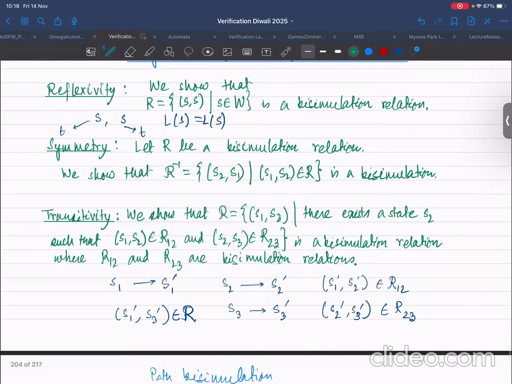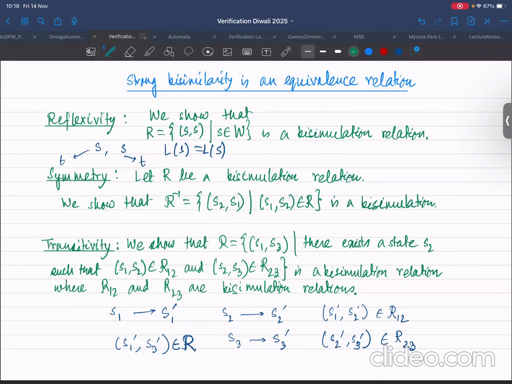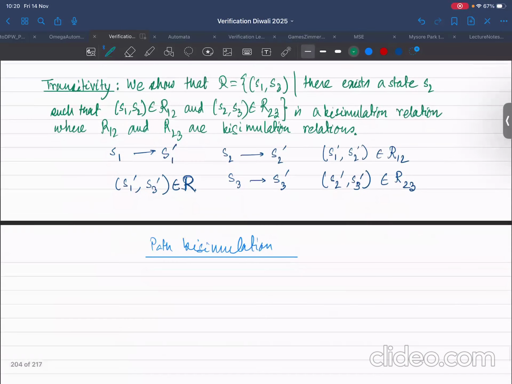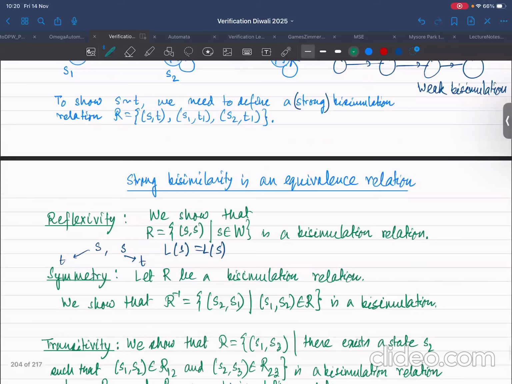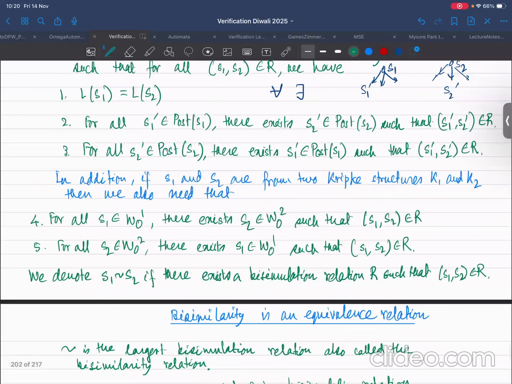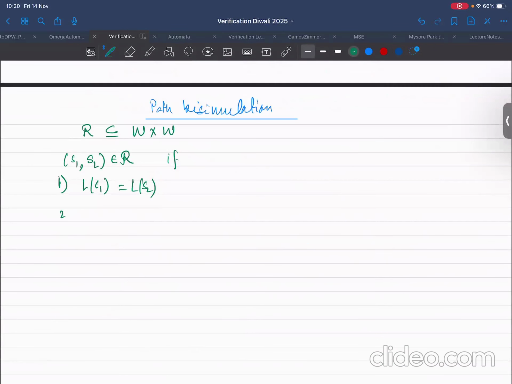So this is the strong bisimulation that we defined. Now the path bisimulation relation is R, and again R is a subset of W cross W. We say that S1, S2 belongs to R if all the conditions are similar, like L(S1) equal to L(S2), and now, unlike standard bisimulation, where we look at only the successor, here we will be looking at finite paths of arbitrary length.